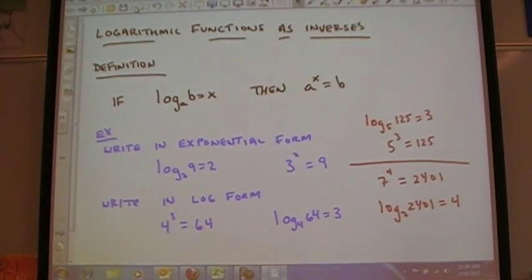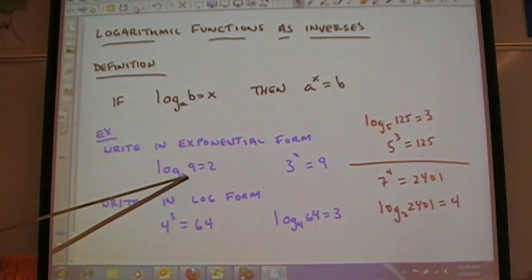We've got a couple of examples down below where we go from log form to exponential and exponential to log. If you understand that, then you understand the definition of a logarithm. All right, the first one. Write this log base 3 of 9 equal to 2 in exponential form.